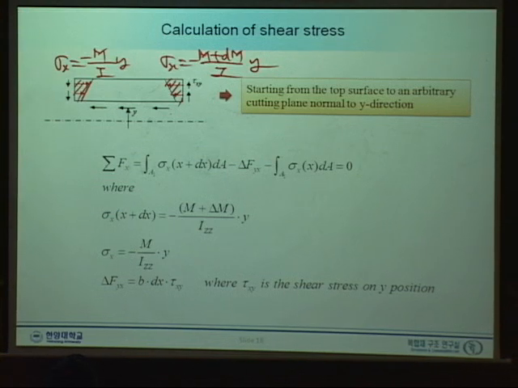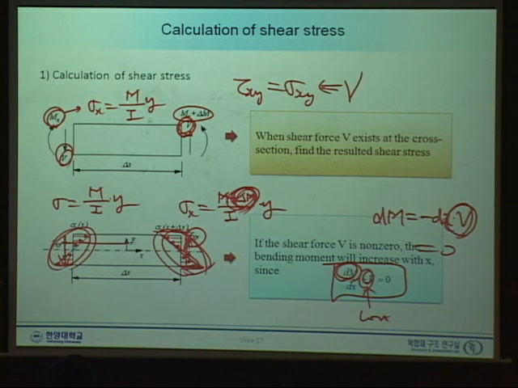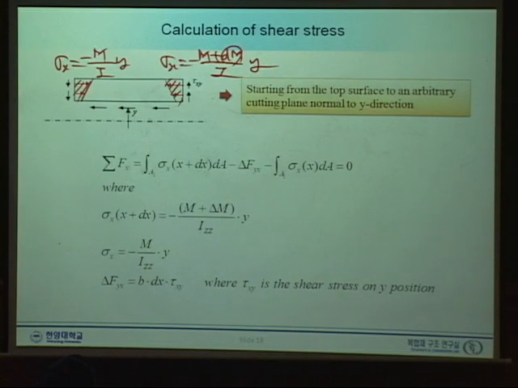Okay? They are different due to an increment of dM. See, this portion, we just cut this part, and here is the part. And on the left-hand side, we have this much stress, and right-hand side, this much stress.